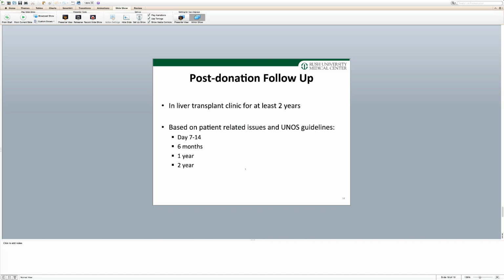The living donor advocate has a major role in assuring that this process of follow-up is optimized for any donor.